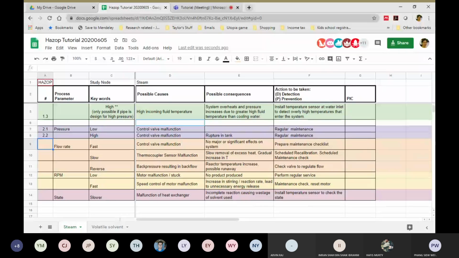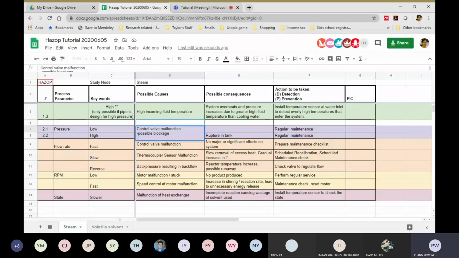Basically, the valve is unable to control the pressure of the fluid flowing in, probably because the valve gets jammed and is not able to allow maximum flow or the ideal amount of flow, causing low pressure.